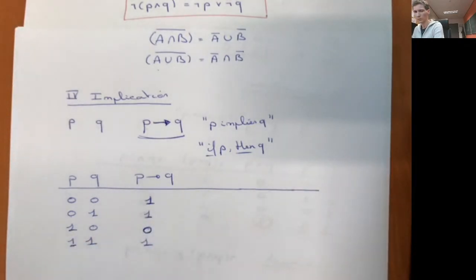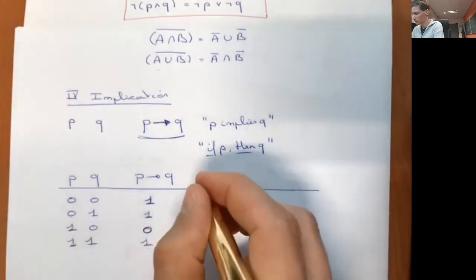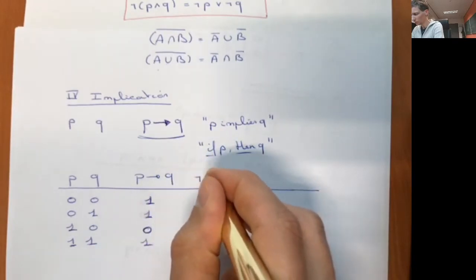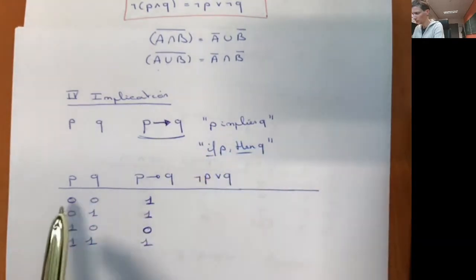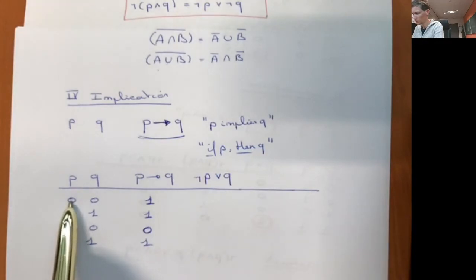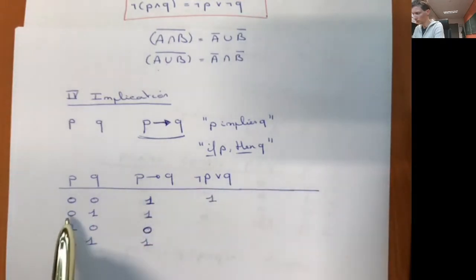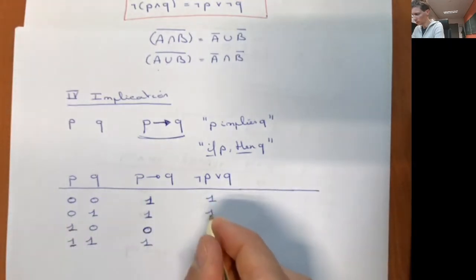So we have an important equivalent of implication. Basically, P implies Q. So let's look at the formula not P or Q. If you look at not P or Q, so we have a 1 and a 0. So we negate P but not Q. 1, 0. Here we have 1. Here we have 1, 1. Here we have 1.